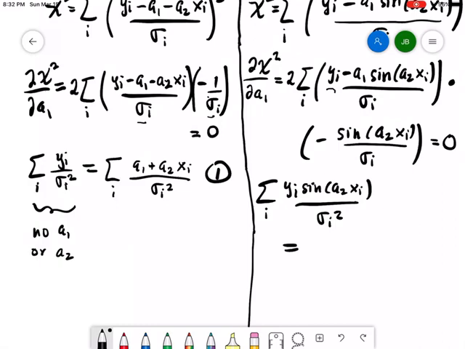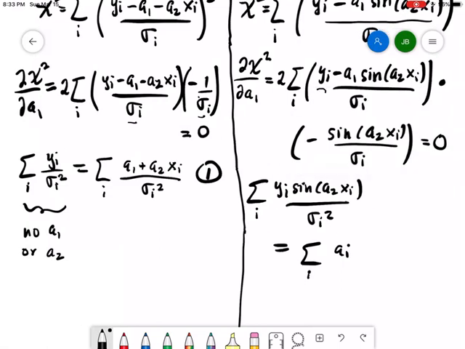Okay, so that's equal to the sum over i of a1, sorry, not ai, it's a1, and we'll get sine squared a2 xi over sigma i squared. So this is the equivalent of equation 1 for our nonlinear fit, so I'm going to call this equation 1 prime.